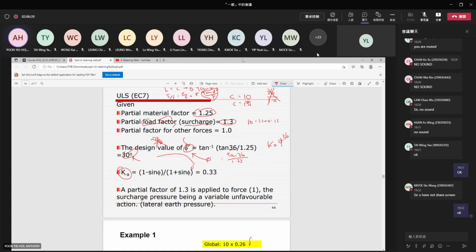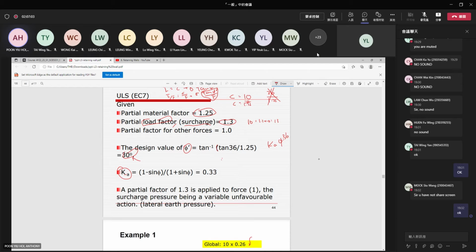The friction angle has to be calculated this way. So it's the whole thing divided by the factor of safety and then convert it back to friction.